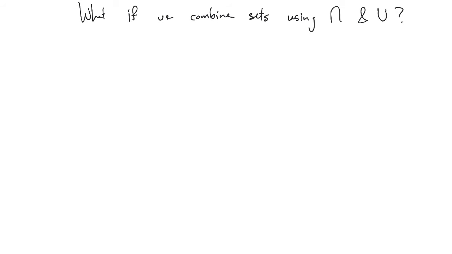That is, if I have two open sets, I take the union, is the result also an open set? Or if I take the intersection, is the result also an open set? That's what I want to talk about. So for the rest of what I'm going to say here, let A and B be open sets. And the questions I want to answer: is A intersect B open? Is A union B open?